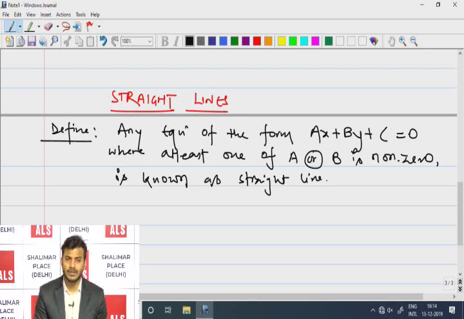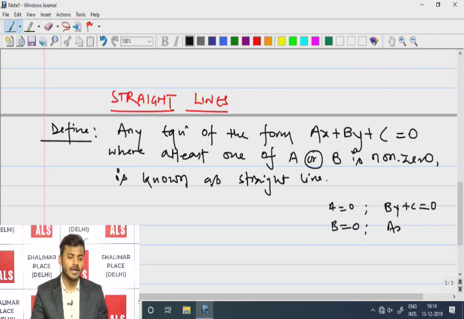If both are non-zero, well and good, that will be a general line having some slope with the x-axis. I'll tell you later, but very quickly, if a equals 0, you are going to get by plus c, and if b is 0, you are going to get ax plus c.